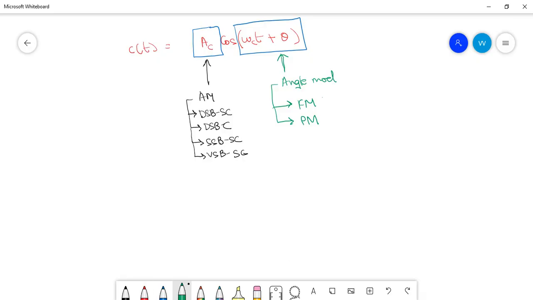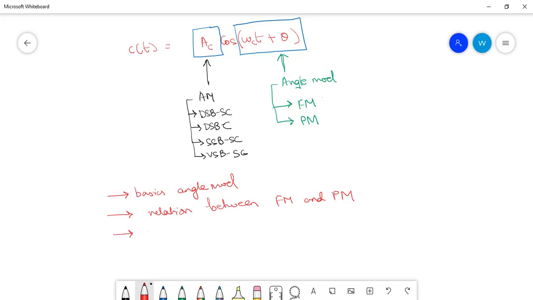So in this lecture we would see the basics of angle modulation. We would also see the relation between FM and PM, and then the modulation index of FM.